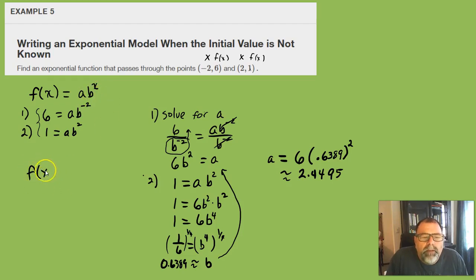So f of x is a, which is 2.4495, times b, which is 0.6389 to the x. And that'll be my answer here.